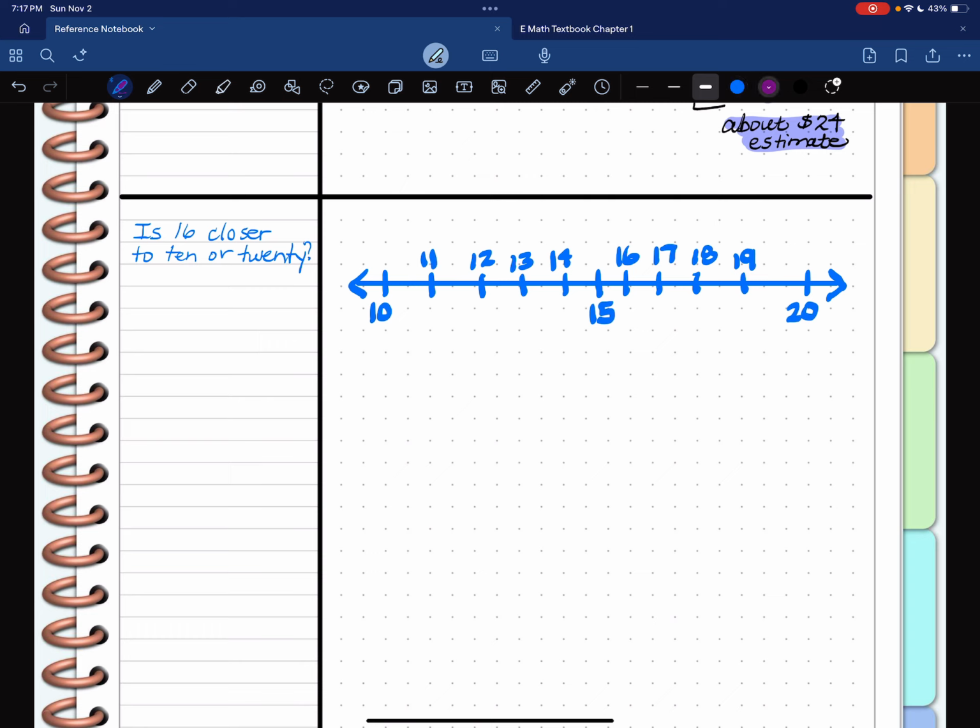So the number 16, is it closer to 10 or is it closer to 20? Well, let's see. If we look at the spaces between 16 and 20, there are 1, 2, 3, 4. So it is 4 spaces away from 20.